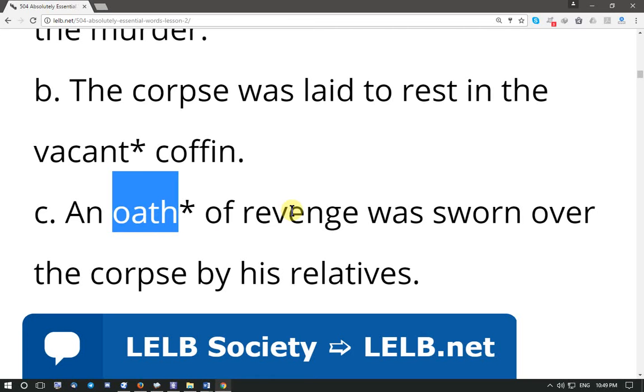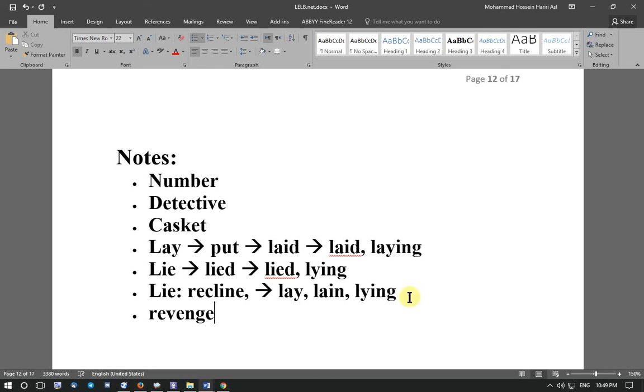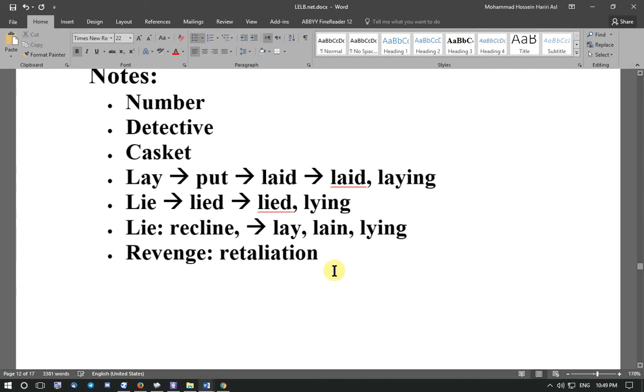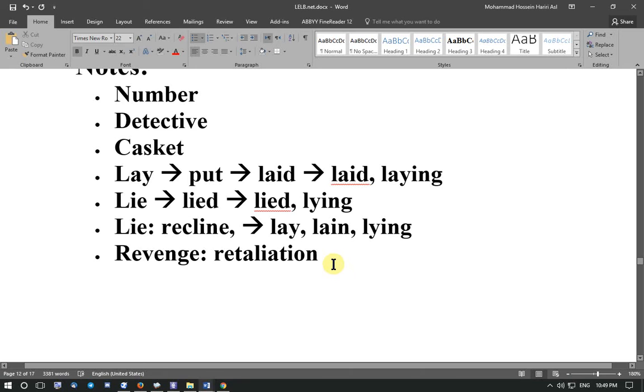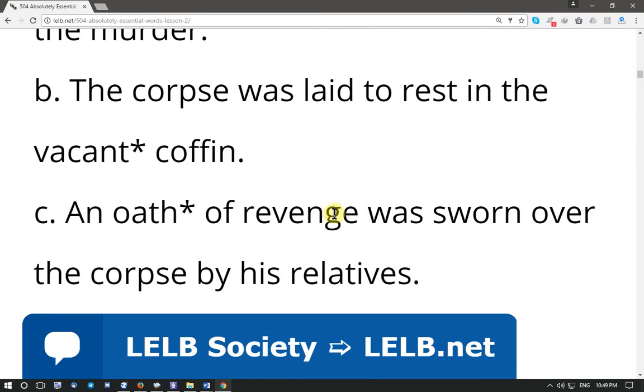Of revenge or retaliation, okay, retaliation, say take revenge, was sworn.